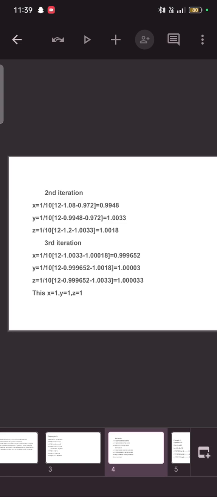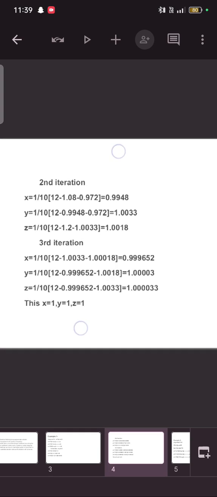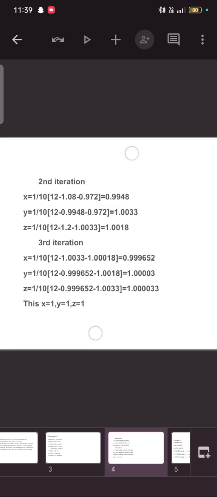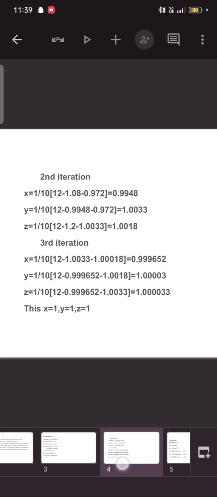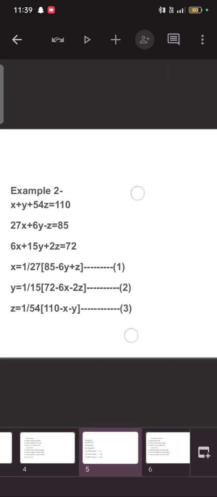So these values of x, y, z are very near and approximately equal to 1. So we got x is equal to 1, y is equal to 1 and z is equal to 1. As we know, these are approximate values and this method helps in finding approximate values, not the definite ones.